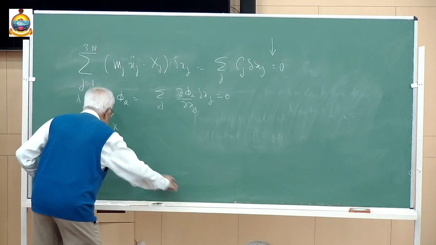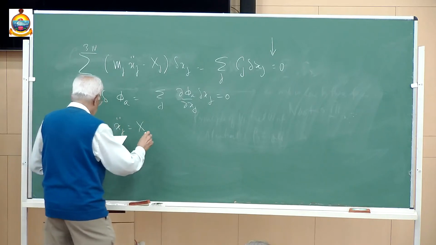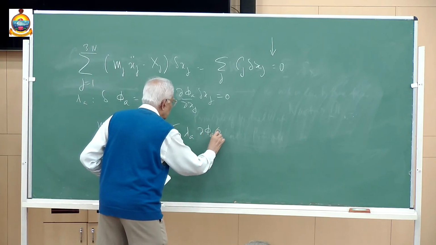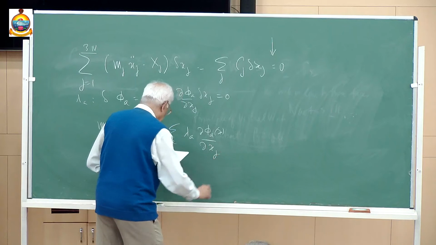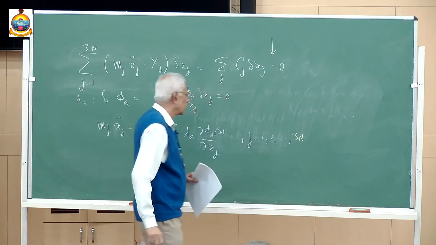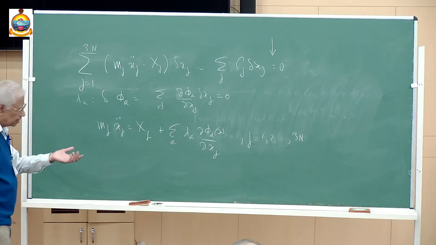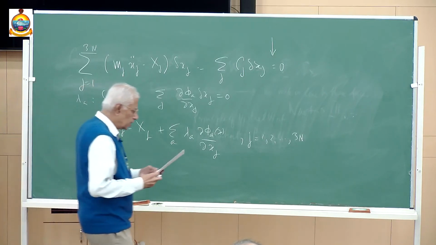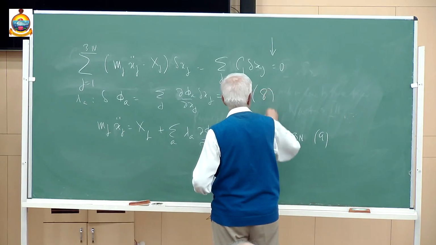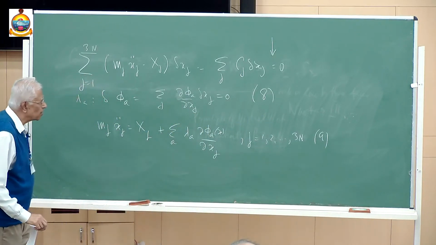So let me write the equations of motion which you get. By using the method of Lagrange multipliers, you get this set of equations. In my notation, this is 8, this is 9. These are called Lagrange's equations of the first kind.